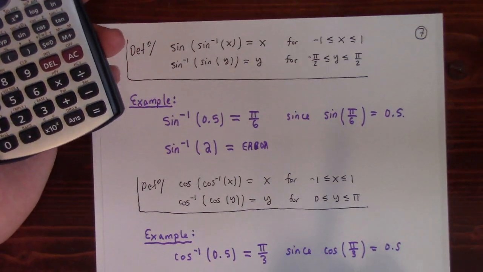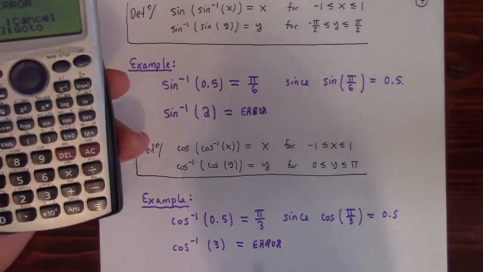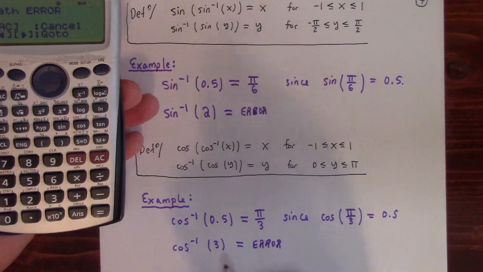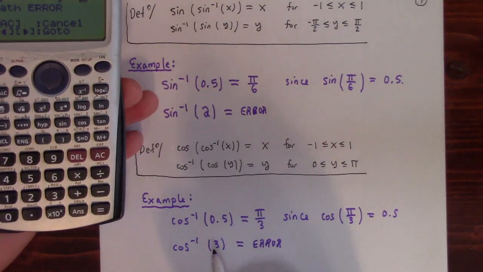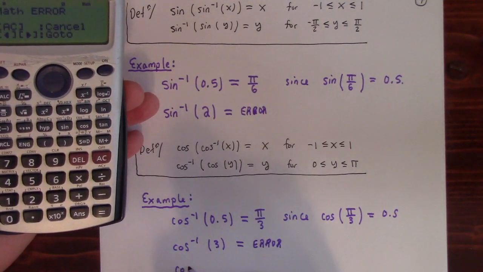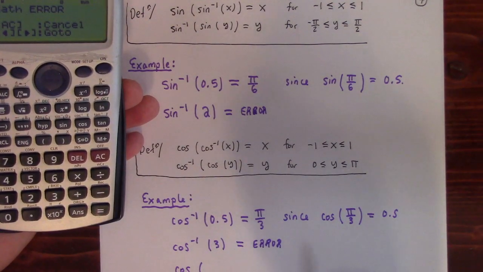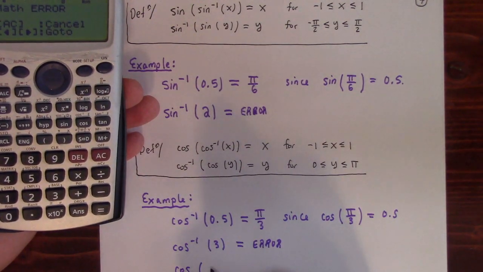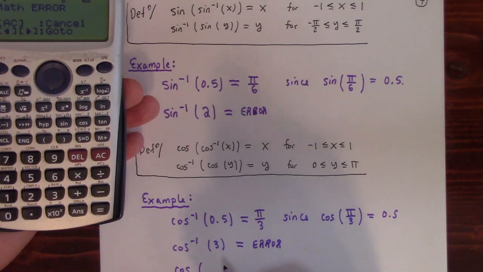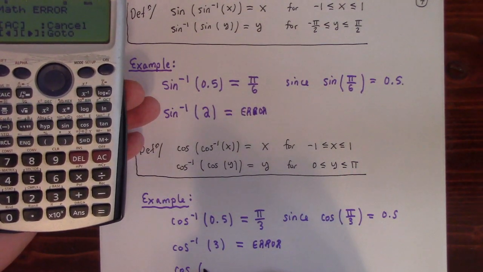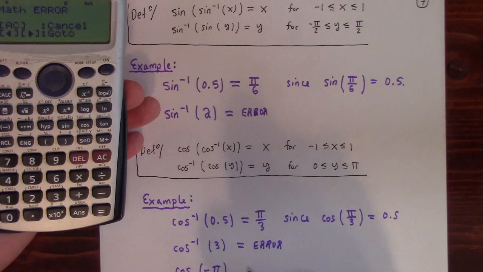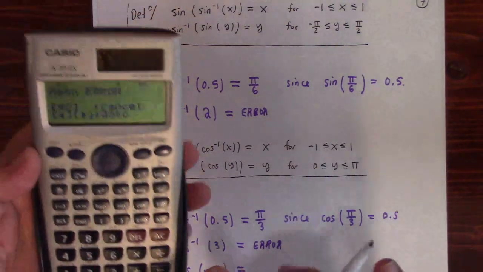Now, a little bit of a cautionary tale here. Let's set ourselves up for the fail a little bit. How about cosine of minus pi? Cosine of minus pi, what is that?